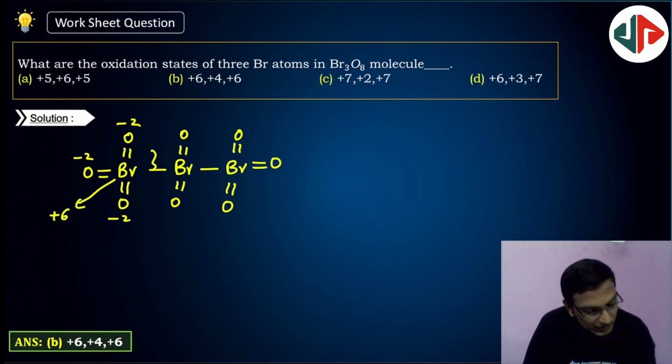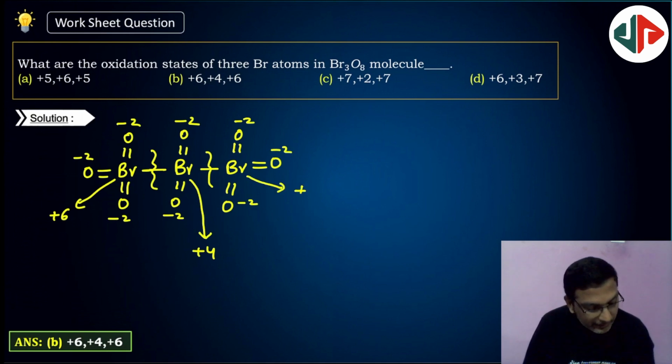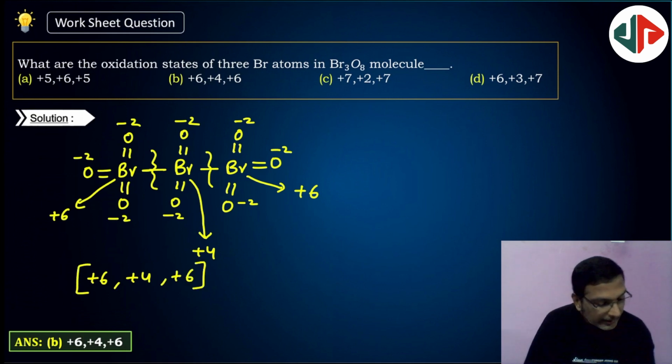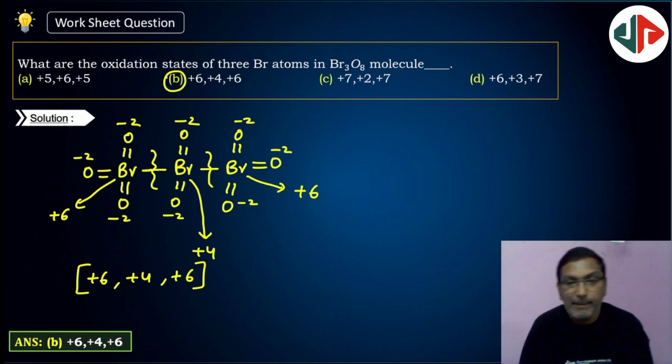So here there is no change in oxidation state with this bond. Here also there is no change. Here -2, -2. Therefore for this bromine +4. Here also -2, -2 and -2. Therefore for this +6. So oxidation states +6, +4 and +6 respectively. Option B. This is NCERT question only.